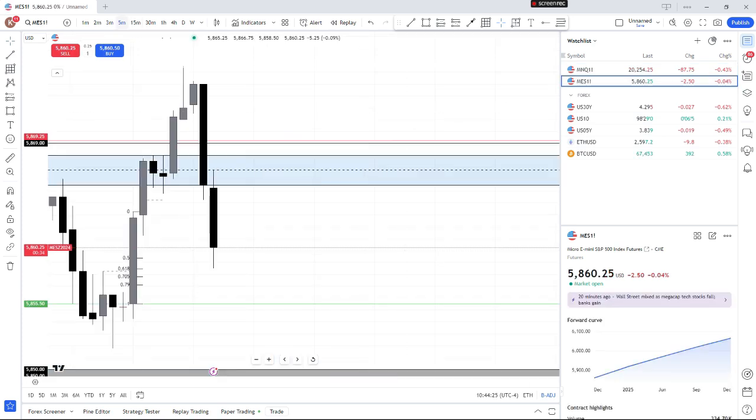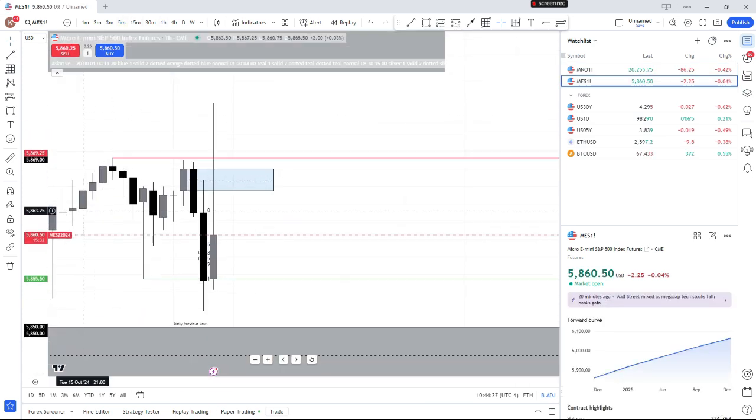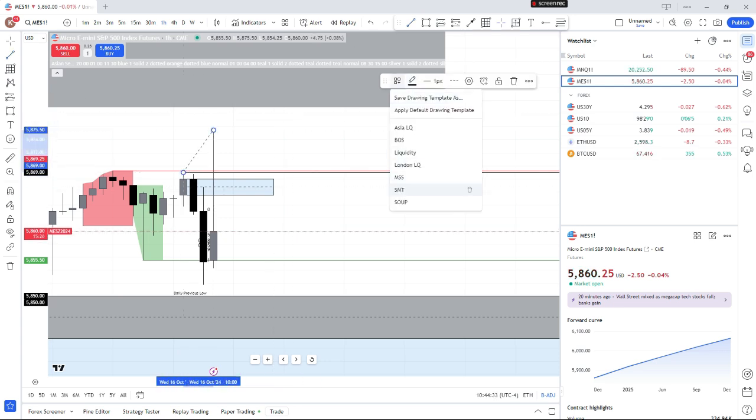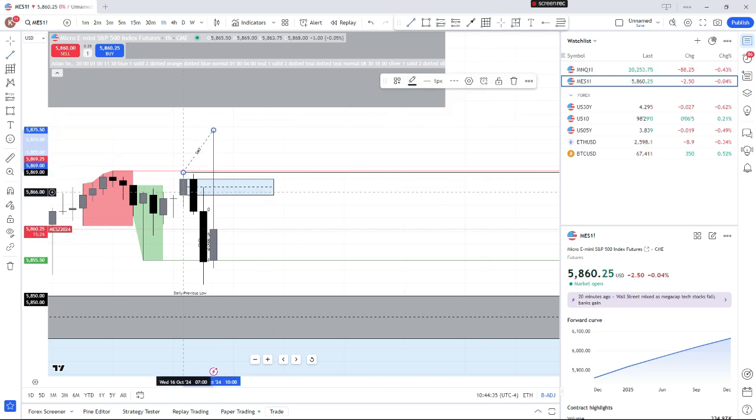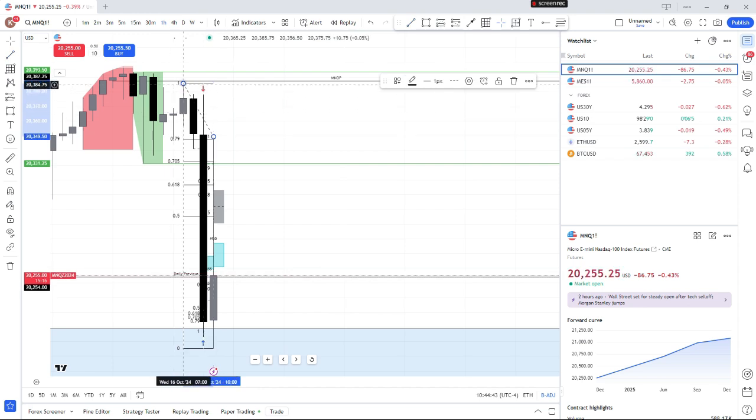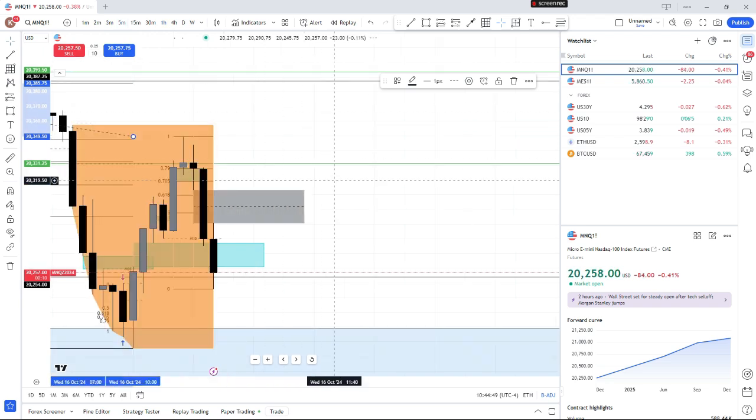ES, we've caused an SMT divergence. I'll put that here. I can't even do it, so we'll just put that there. So it caused an SMT divergence as well, a bearish one, which is good.